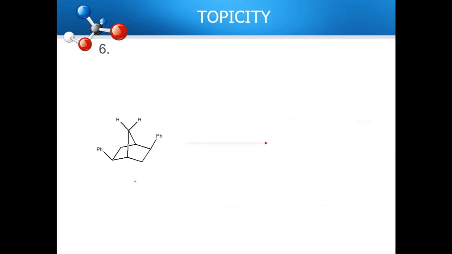Now let us go into this molecule. Now this molecule, if you closely look into the molecule, you don't have a plane, but you can have a C2. So on rotation across the C2 axis, you end up with the same molecule. Therefore, these two hydrogens are homotopic.